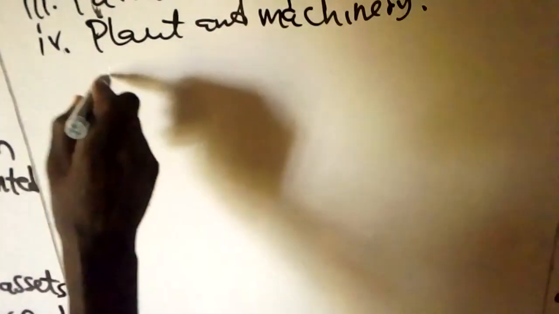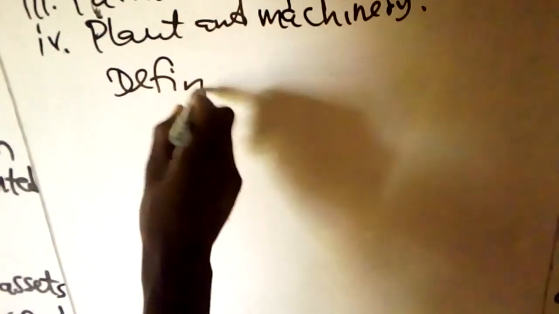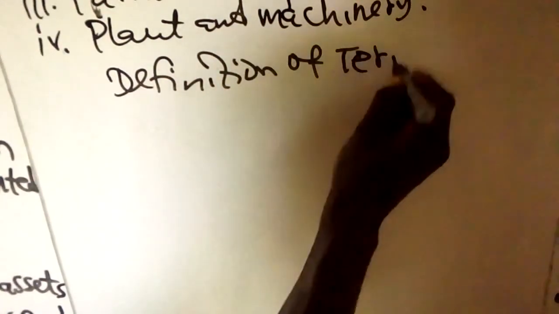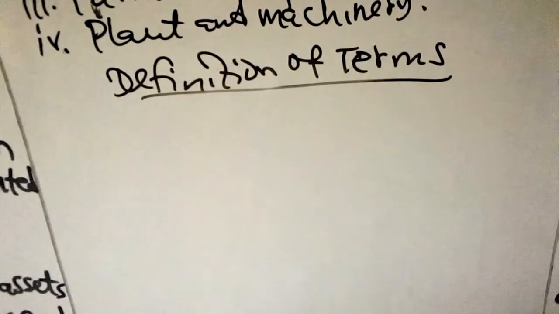Definition of terms. Number 1, we have carrying amount. The first term I'm going to look at is carrying amount.